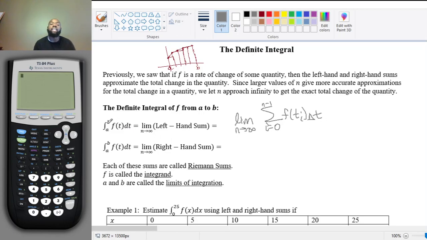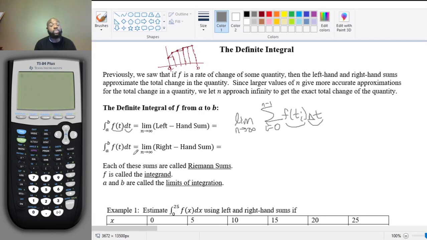This notation has some similar features, right? Notice there's an f of t here, but when we were doing our rectangles, we used f of t sub i. There's a dt here where we have a delta. This is like a d in Greek, delta t. Here, we have this Greek letter s or sigma, and then we have a sort of an elongated s here for basically a continuous area that we're going to be calculating.